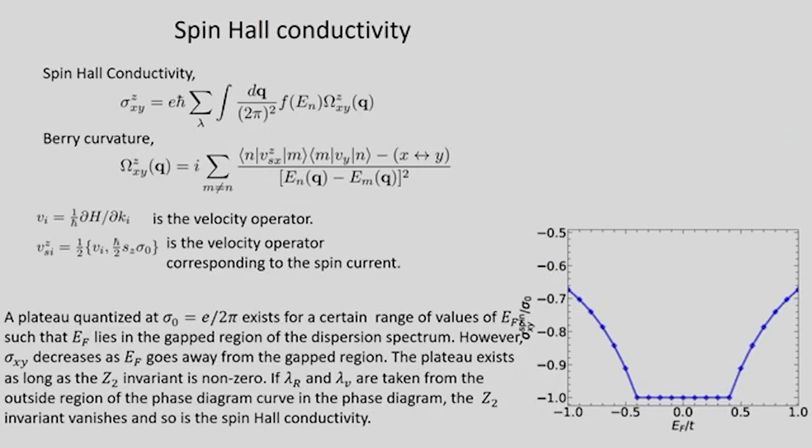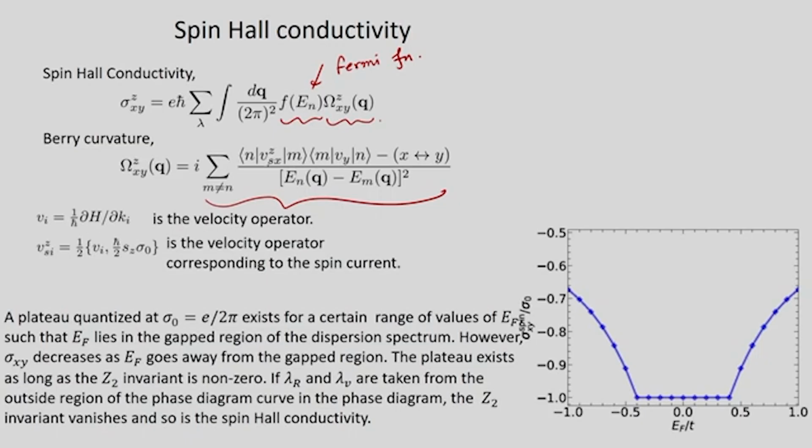Okay. So finally, the spin Hall conductivity. You can call it S also, but it is written with a Z because you are talking about the z component of the velocity. So this is really the spin Hall, not the charge Hall conductivity, which is equal to 0 anyway. This is the Fermi function, which is not important, because at 0 temperature it is equal to 1, and this is the Berry curvature, which can be calculated using this formula, very similar to what you have seen for the Kubo formula.